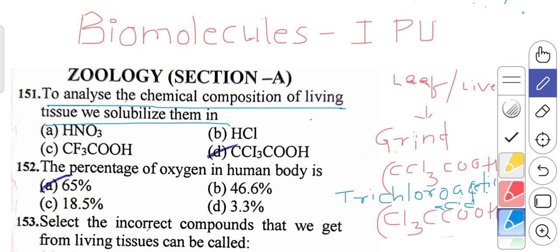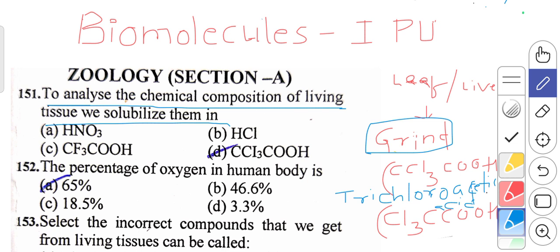So in order to know the chemical composition present in a living tissue, we can take a leaf or a liver, that is a living tissue. To this, we will add trichloroacetic acid, then we will grind it, or make a paste with the help of mortar and pestle.